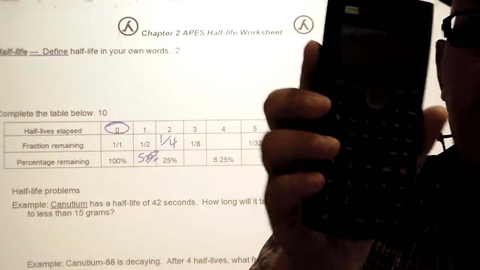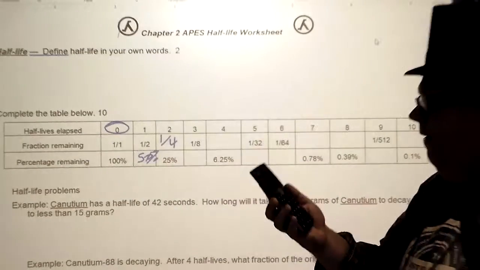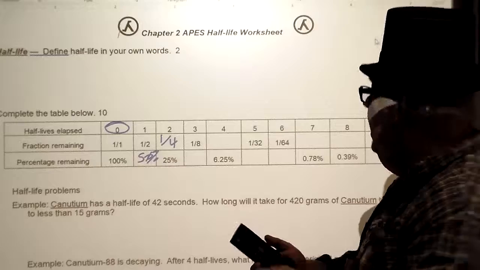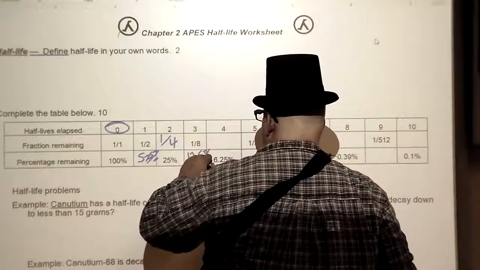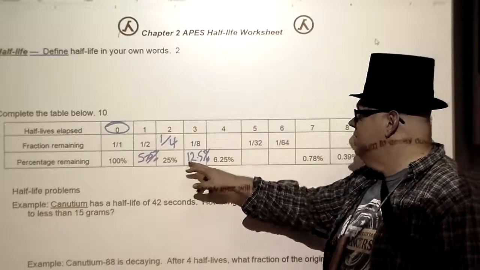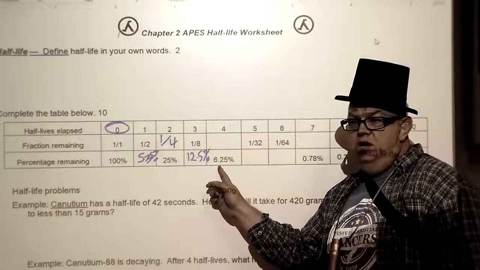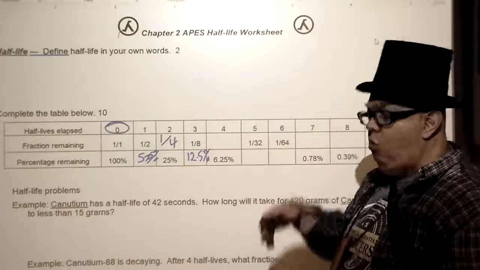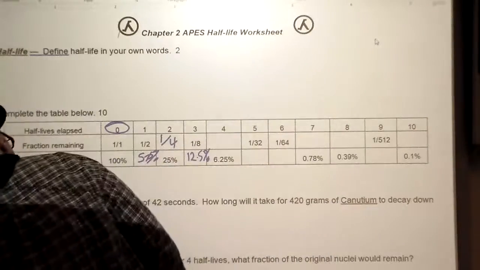You guys could probably see that, 0.125. I don't know, the lighting is a little weird. And then I can times that by 100, and I got 12.5%. Now if you notice, half of 12.5% is 6.25%. Then half of the 1/8 is 1/16. So this is one way to complete the table.